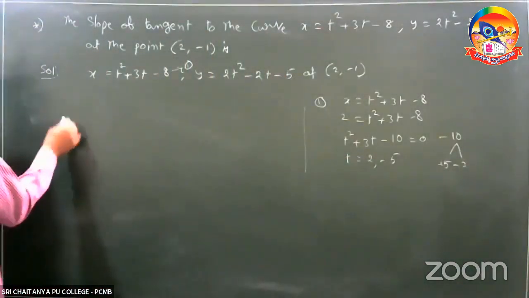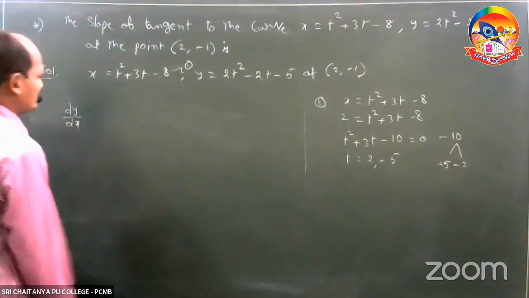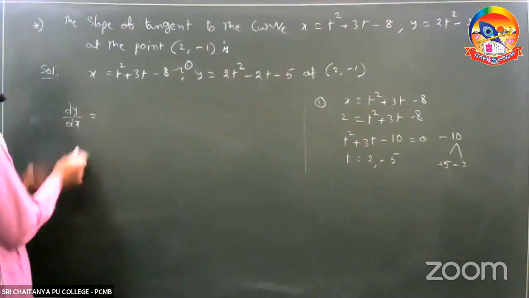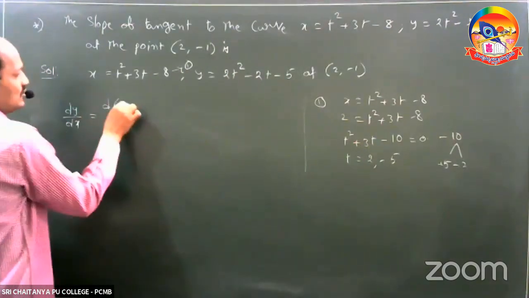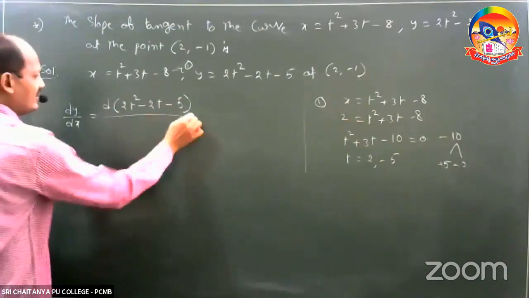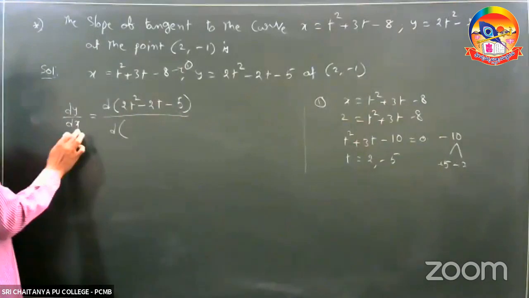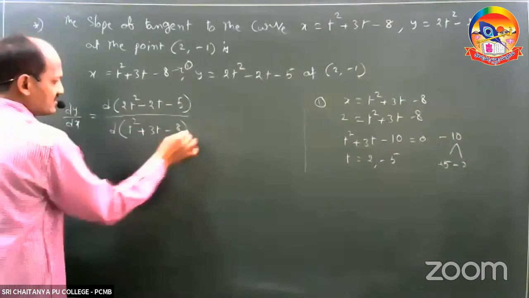So then find the derivative of the curves, or slope of tangent to the curves. dy by dx means the derivative of y, 2t square minus 2t minus 5, divided by the derivative of x, that is t square plus 3t minus 8.